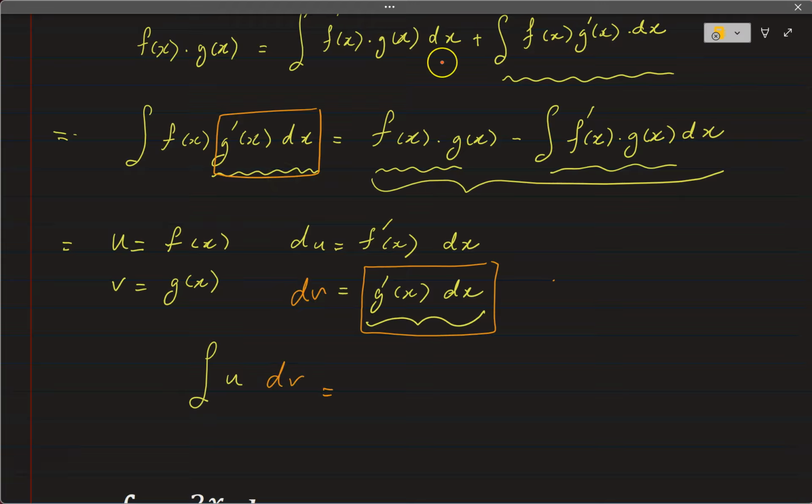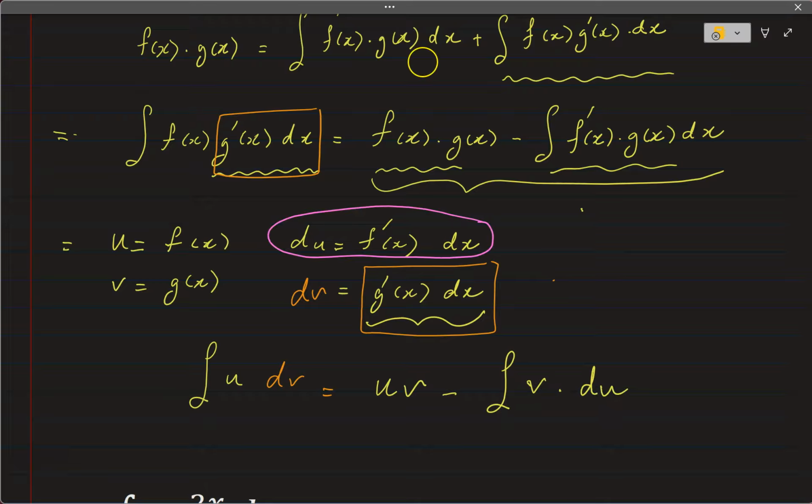So that is equal to uv, that's f(x) times g(x) right up here, minus the integral of, now g(x) is v and du is f'(x) dx, so we put v du. Okay, that is your du, which is f'(x) dx.